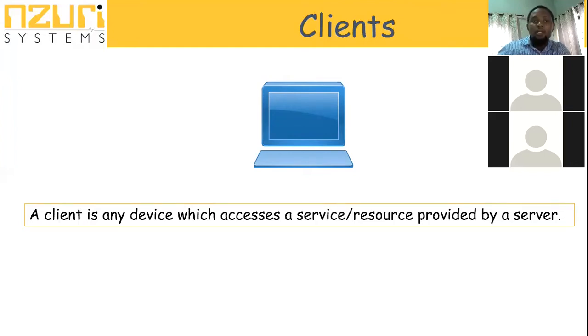Once you have a client that is actually accessing resources on the network, those are the devices we call clients. So any device that would access a resource is a client.